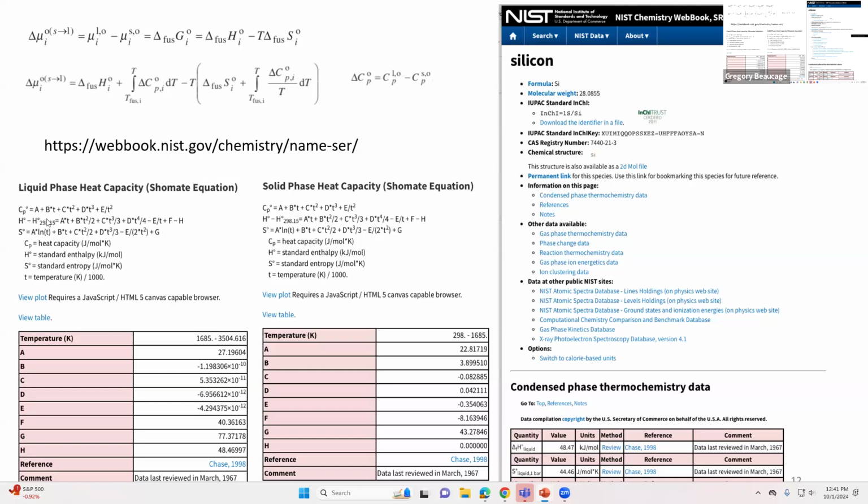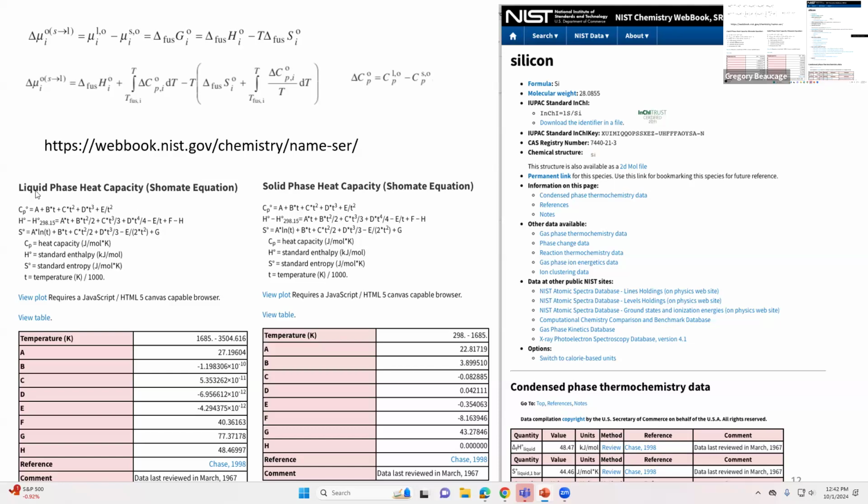It has the heat capacities of everything written in this form, like A plus B, and small t is actually temperature here. I'm not sure why they use small t. This is a 4 or 5 term polynomial equation that describes the behavior of heat capacity. And they give the ABCD for every kind of material.